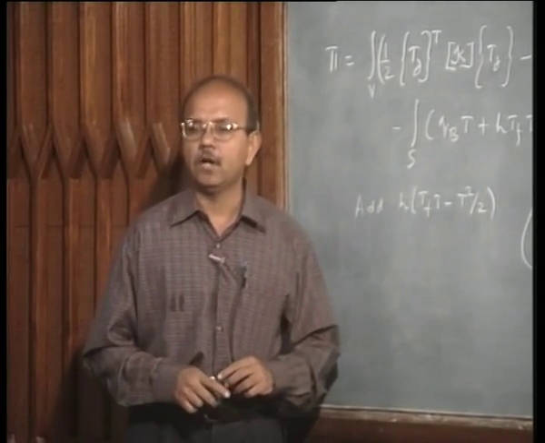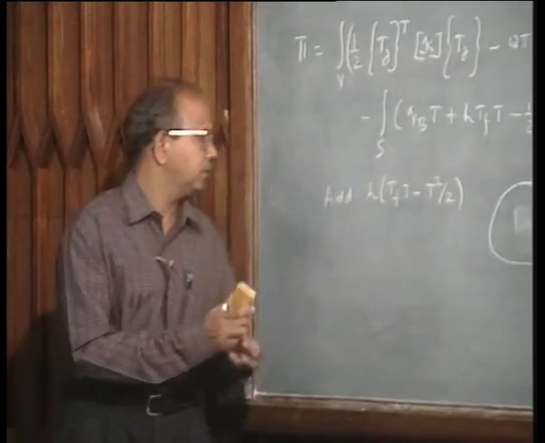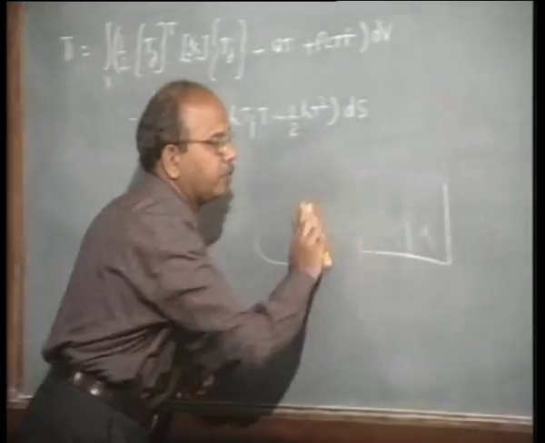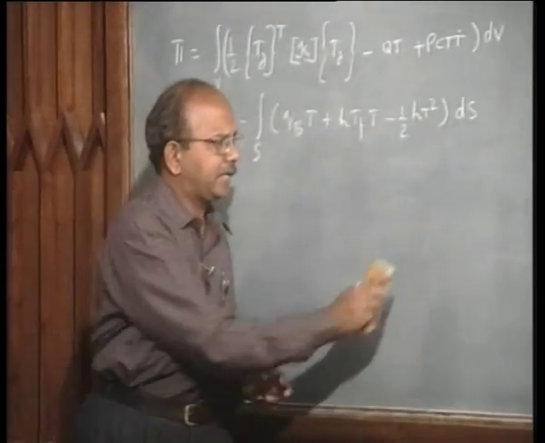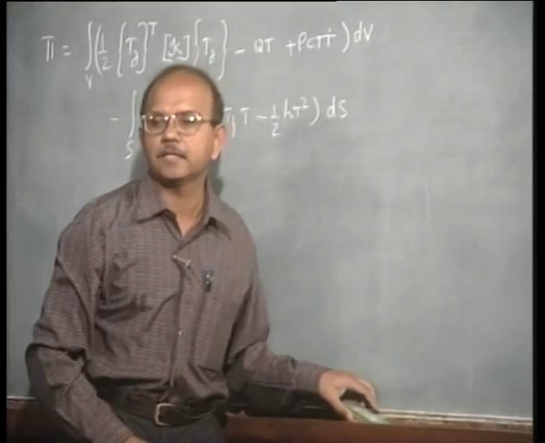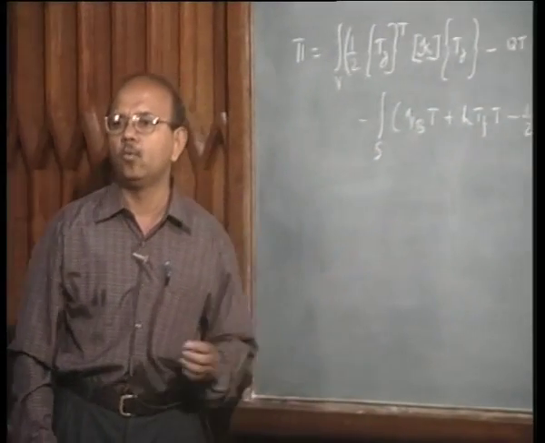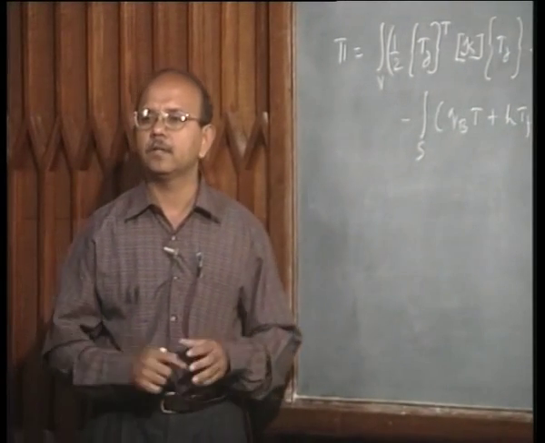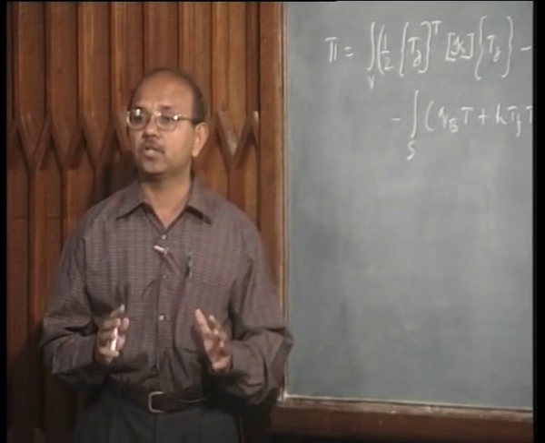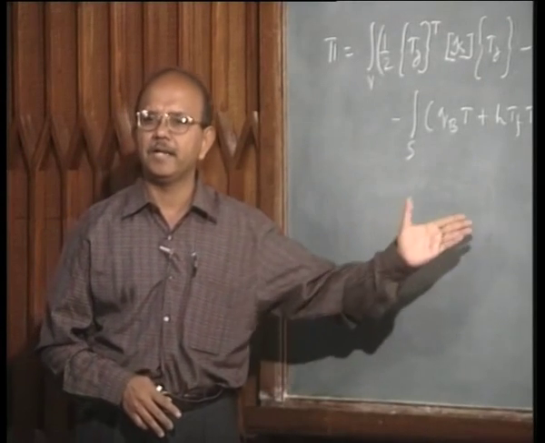Is that clear? Now, for the time being we leave this, we will add it ultimately. In fact, you can do that as an exercise. If that term is included, how would the complete finite element formulation look like? You can do that by adding it later.